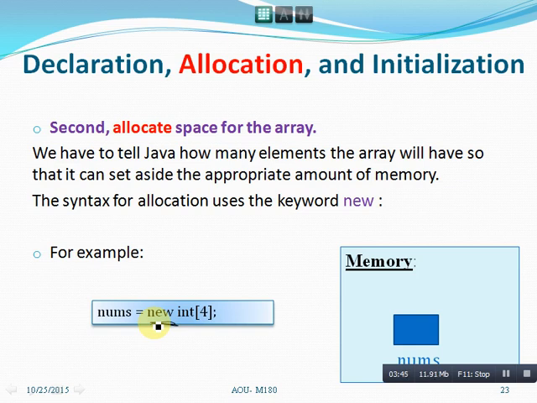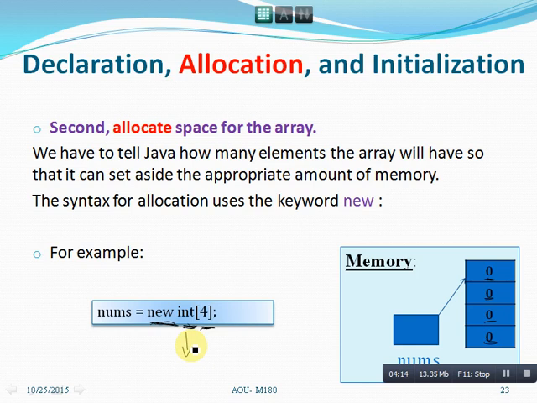So num is equal to new int of 4 will give 4 consecutive elements in memory. The default value for this array is 0 because it is of type integer. This is the declaration of the array.